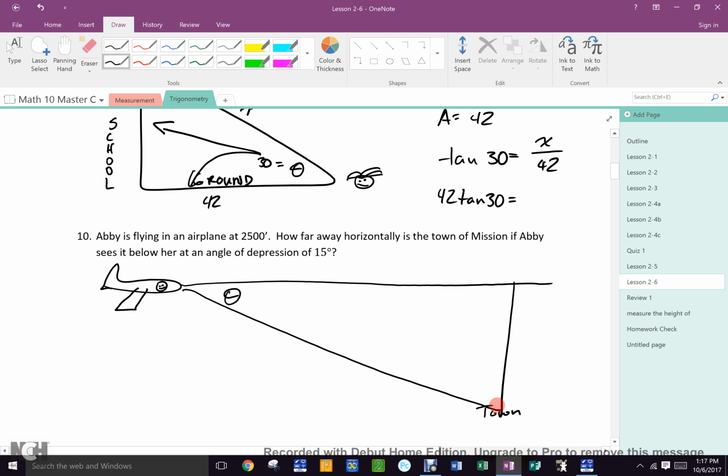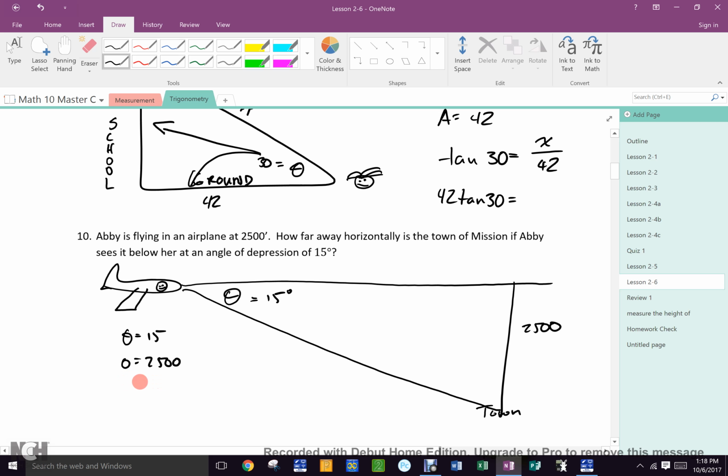Now, do I have a triangle? Great. How far is the plane in the air? 2,500. Where does that line go? Vertical. 2,500. Do I know anything else? What? Theta's 15. Now, can I do trig? Should I have touched my calculator? No. Should I have touched it yet? No, still not. Theta is 15. O is 2,500.